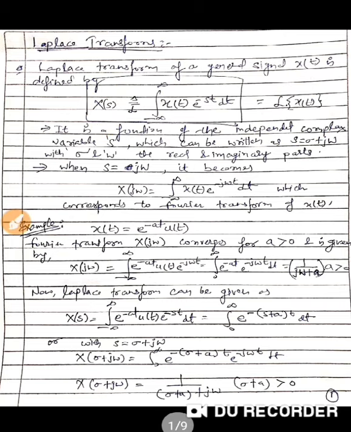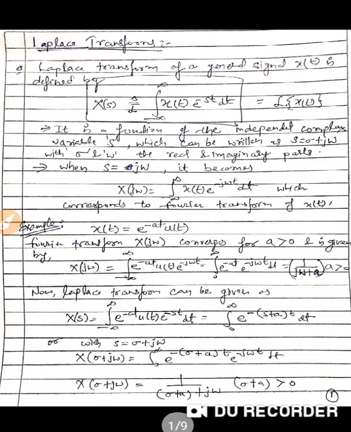So it is a function of the independent complex variable s, which we have already seen, s is equal to sigma plus j omega, where sigma is the real part of the complex variable s and j omega is the imaginary part, which can be shown on the s plane.